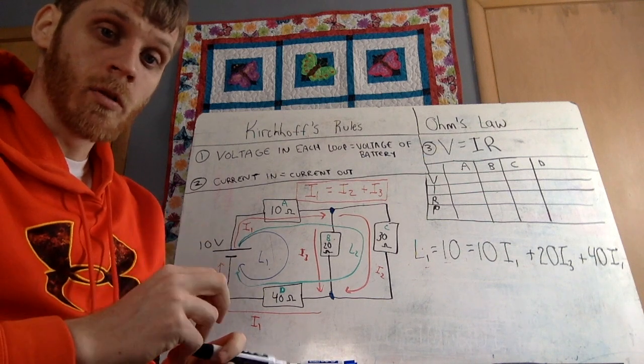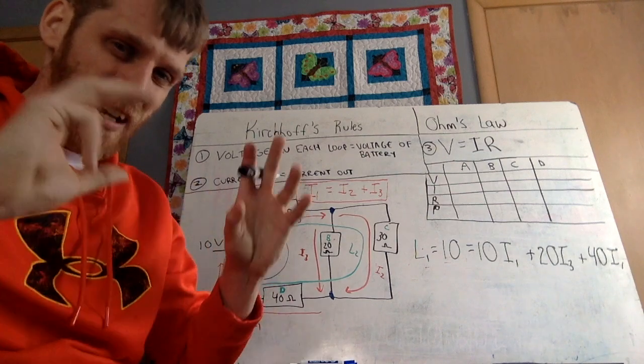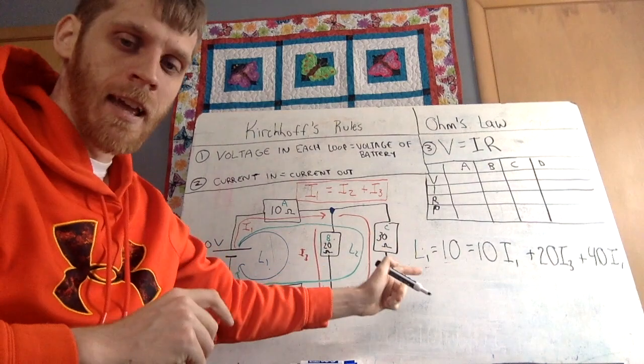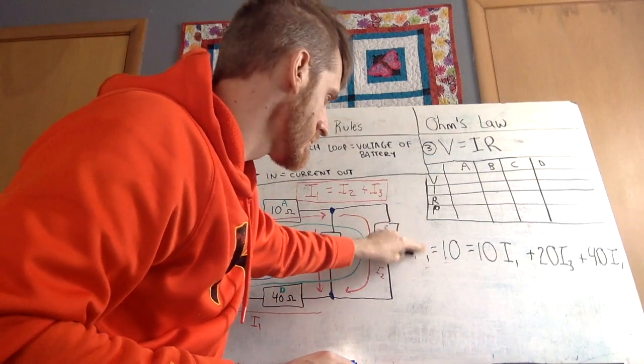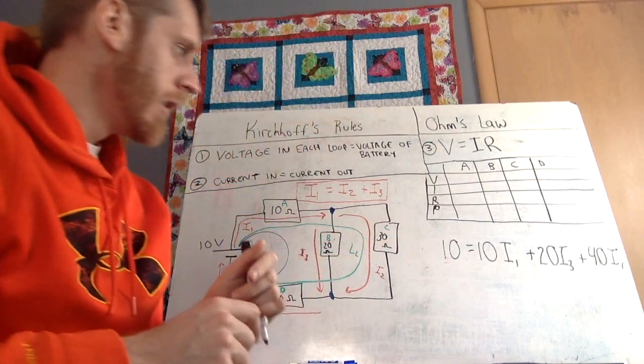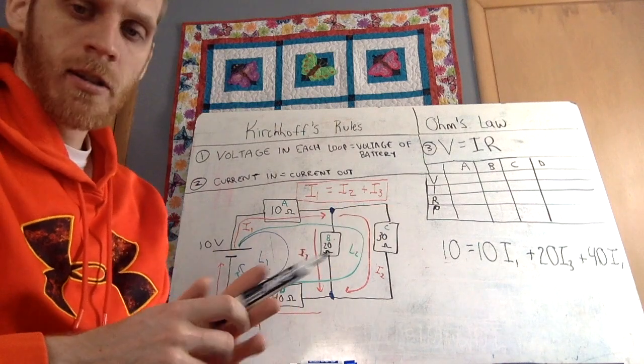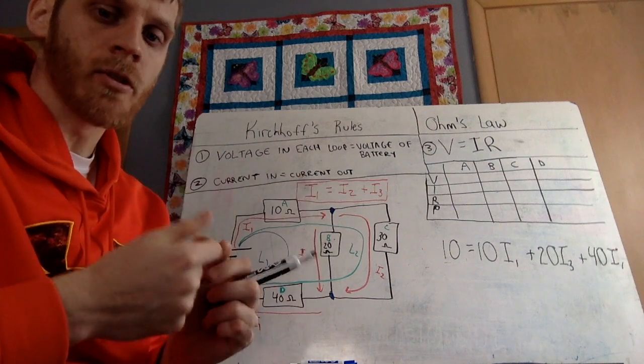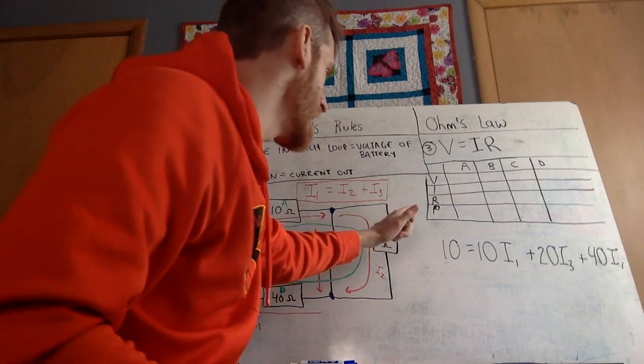Now, one thing we can do with that equation is we can kind of condense it down a little bit, at least to start. Let's look at it. I don't need the L1 here. All right. What's one thing I could do? Well, I have a 10 I1 and a 40 I1, and they're added together, so I can make that 50 I1. So I'm going to rewrite this.